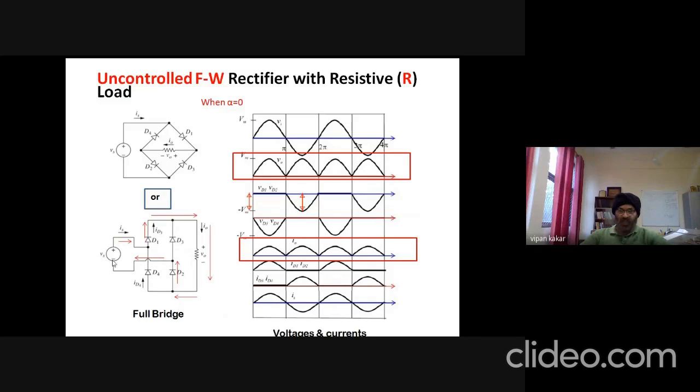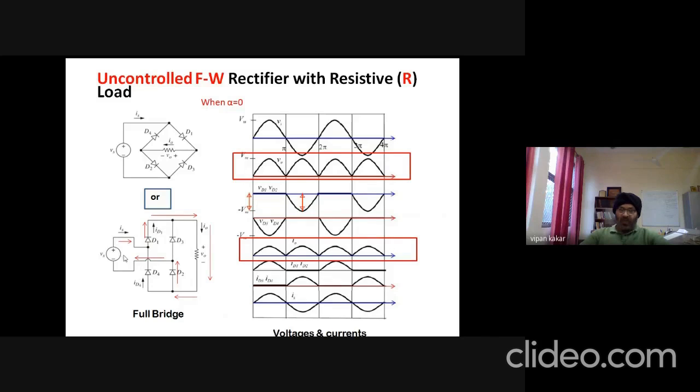Assuming these diodes to be ideal, with no voltage drop across them, whatever we have at the supply, the positive half cycle, completely appears at the resistive load at the output, which can be seen from this waveform. So Vout, the voltage at the resistive load, is exactly this positive half cycle.